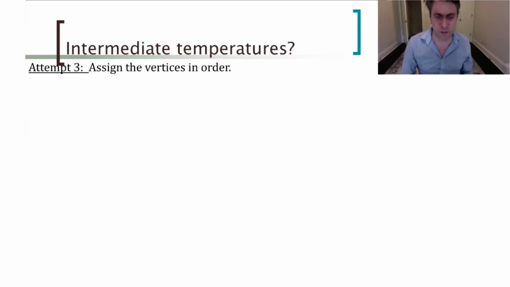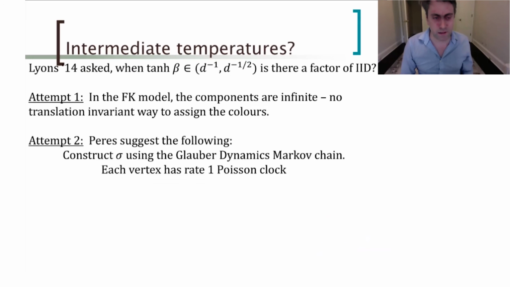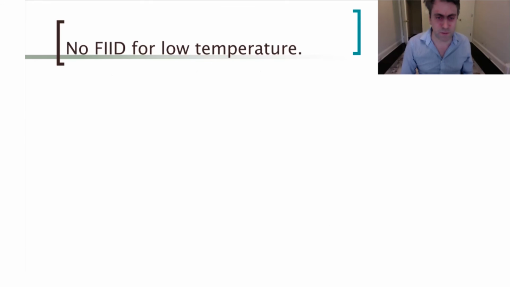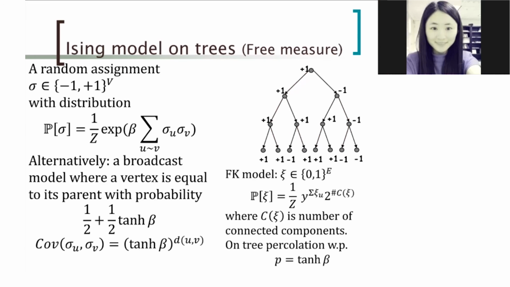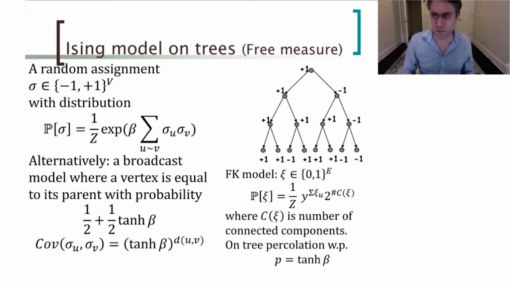In terms of a broadcasting process, as you go along each ray in the tree, it's really a two-state Markov chain.